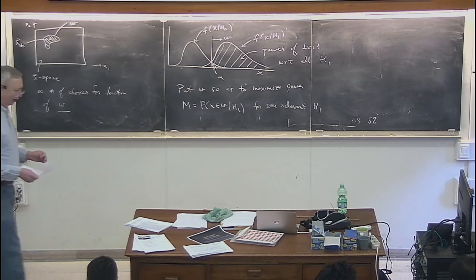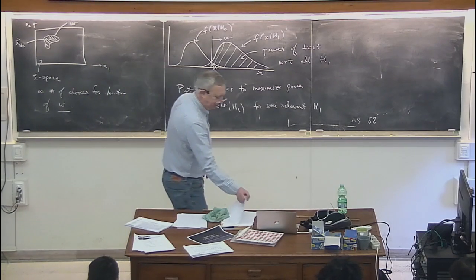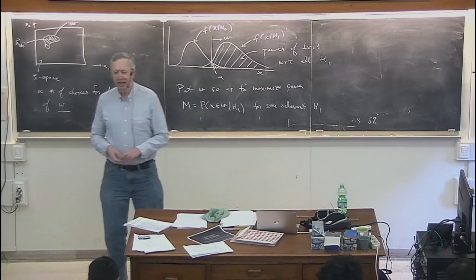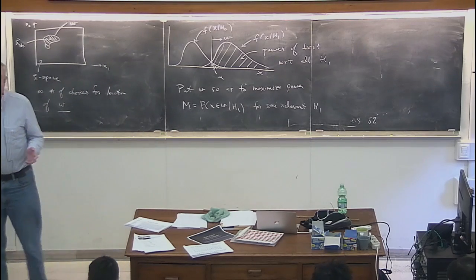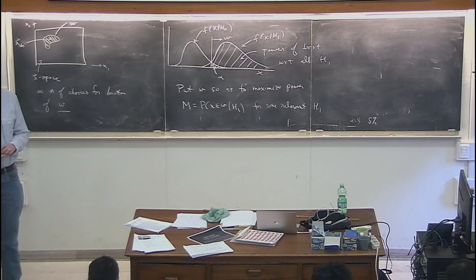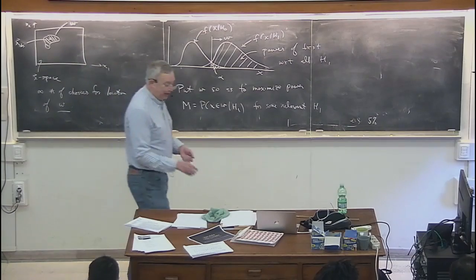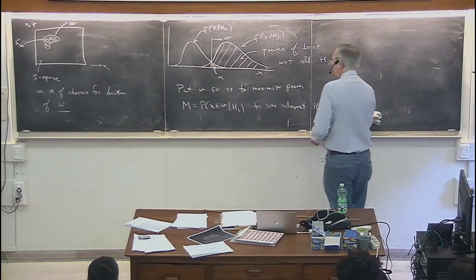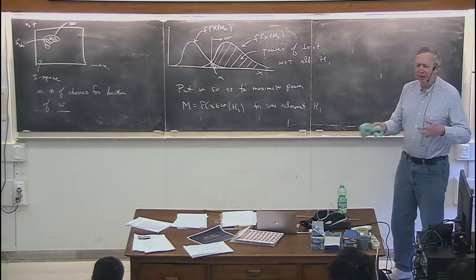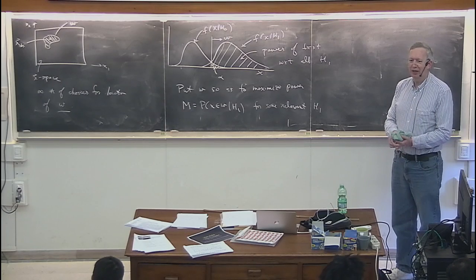Now you might be wondering, would it be possible to define a critical region that would have a very high power with respect to all of the relevant alternatives that might come into play? That turns out to be impossible. This was argued and debated in the 1930s by Neyman and Pearson and Fisher, the people who developed this technology.